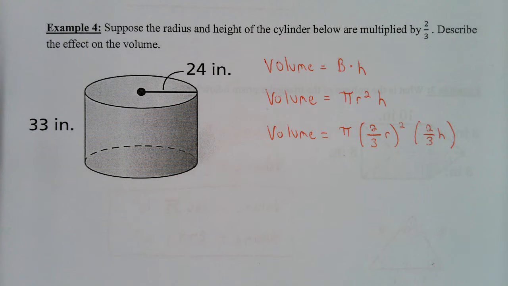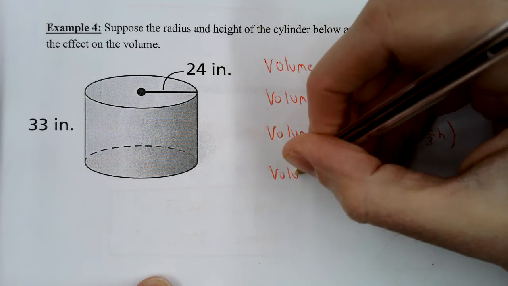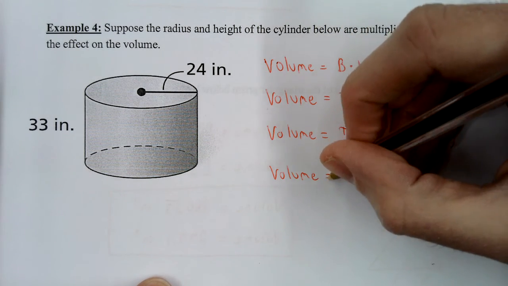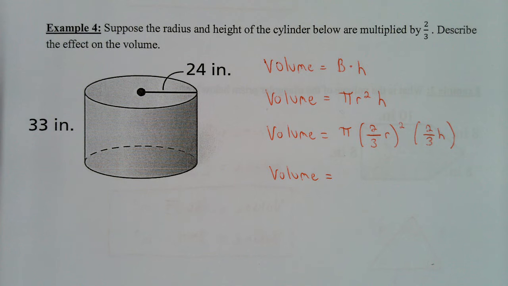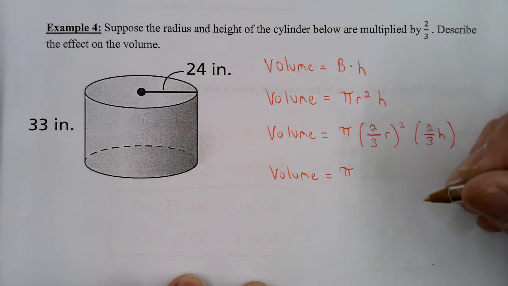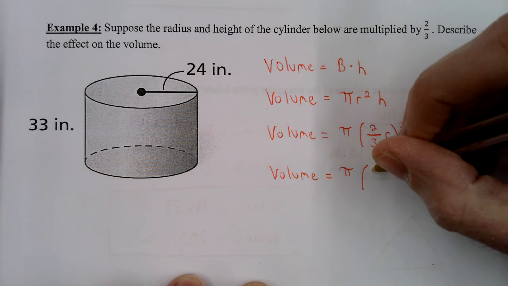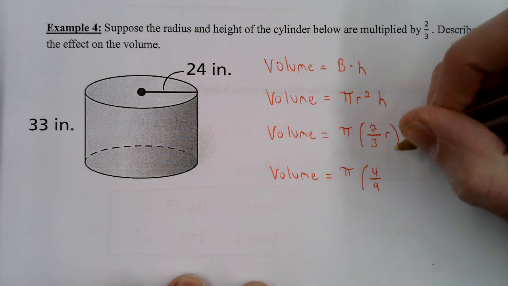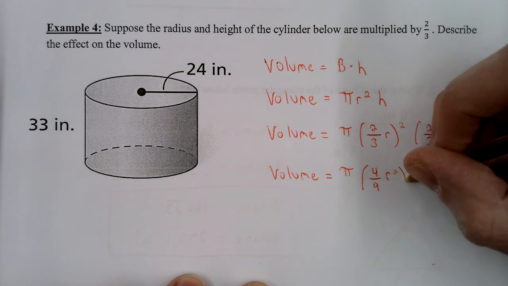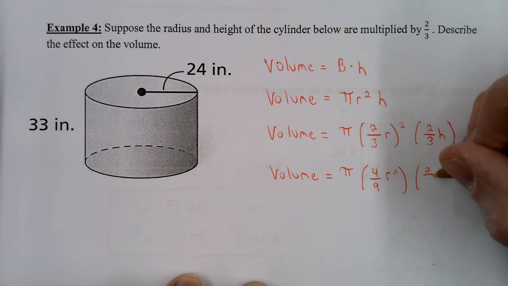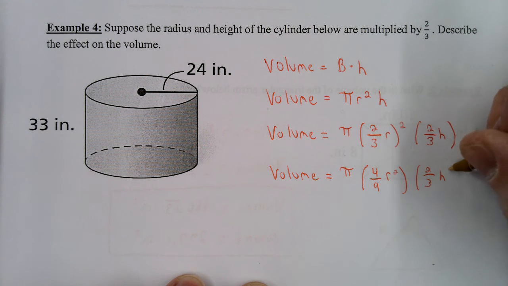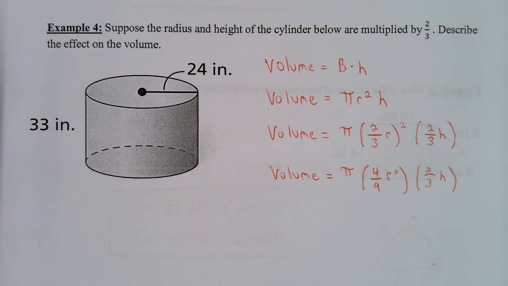So think about it like this. What is 2/3 squared? It's 4/9. So volume equals pi times 4/9, since 2/3 times 2/3 is 4/9. Then you have radius squared, and then times 2/3 h. Now you can write multiplication any way you want.